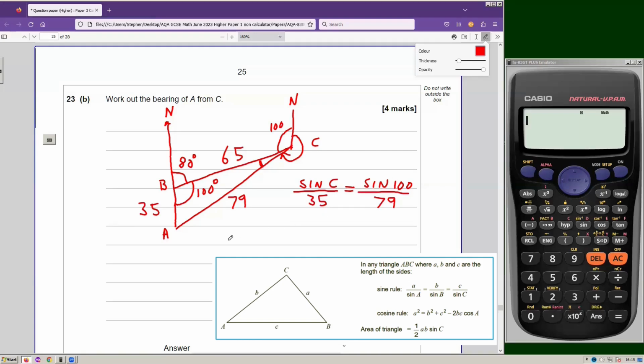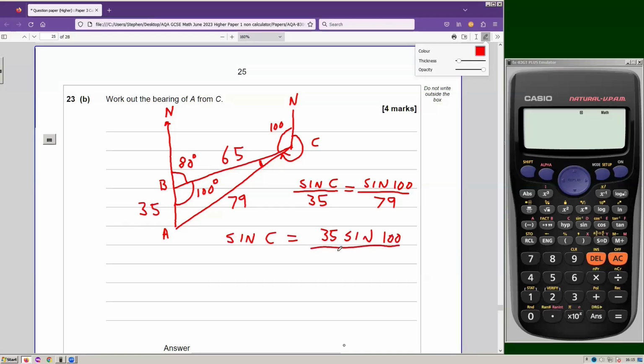Move this 35 up, so we get sine C equals 35 sine 100 over 79.